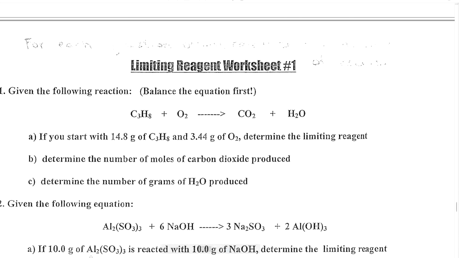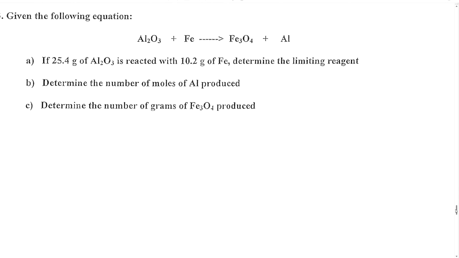So you would have done all of these now, hopefully, and the key has been posted, so hopefully you've been able to correct them. Now what I want you to do is for each one of these questions, determine the amount of excess reactant. So for example, if propane was your limiting reactant, figure out how much excess oxygen there was afterwards, just like what we just did. And do that for each one of the questions here.